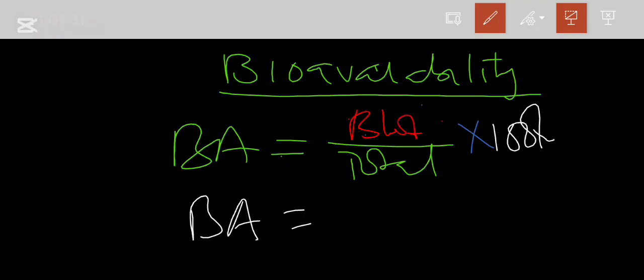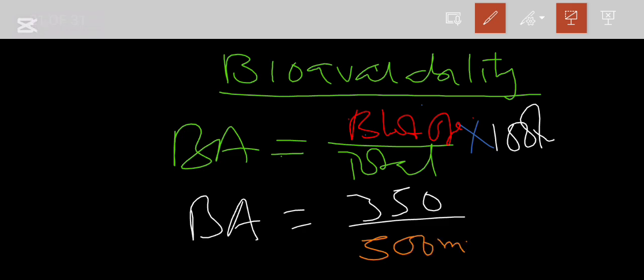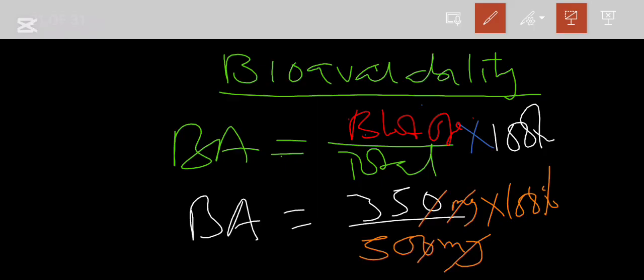This is just an example to make you understand. What has reached the bloodstream? We said it's 350. The total that you gave is 500 milligrams, times 100%. So we are going to cancel milligrams and milligrams, then 0 and 0. So when we divide this, probably we are going to get about 67%, because we are remaining with the percentage. Milligrams have gone. So we mean to say most drugs that are given via oral routes cannot have 100% bioavailability.